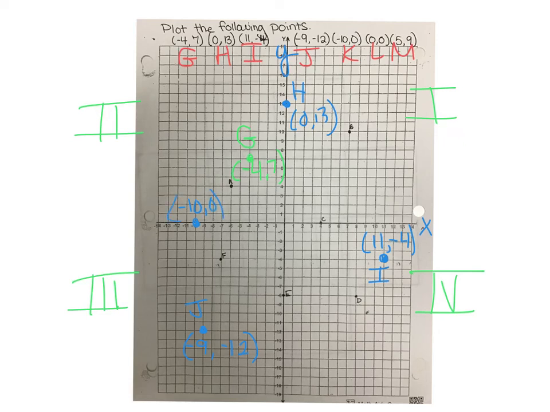That's K. Okay, let's find L. Oh, that's an easy one. That's your origin, L, 0, 0. Make sure you remember that word, origin. The next one is +5, +9. I'm going to label that right there. 5, 9, and that's M, and that is in quadrant 1. So make sure you have all those labeled correctly, and you can start your practice.